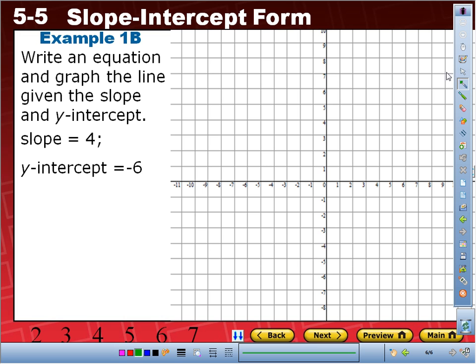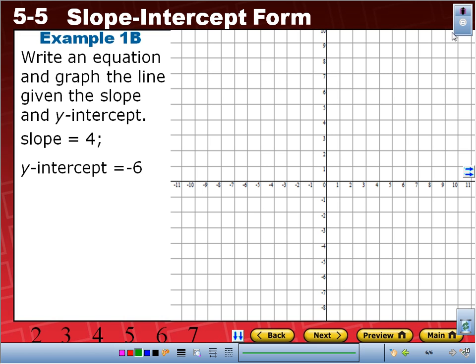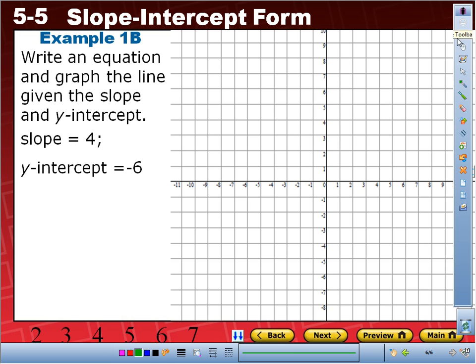Okay, let's see. Step 1 says, solve for y or write a slope-intercept form equation. Do we have an equation? No, we need to write one. So my form is y equals mx plus b. That's the first step.